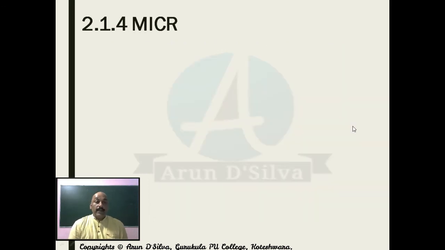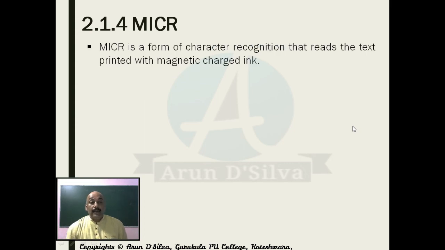The next one is the MICR. Now, what does MICR stand for? This stands for magnetic ink character recognition. This is a form of character recognition that reads text printed with magnetically charged ink, where characters will be there.